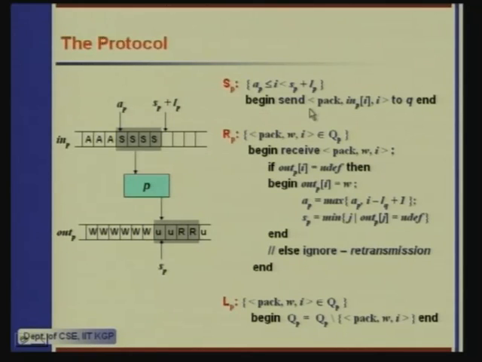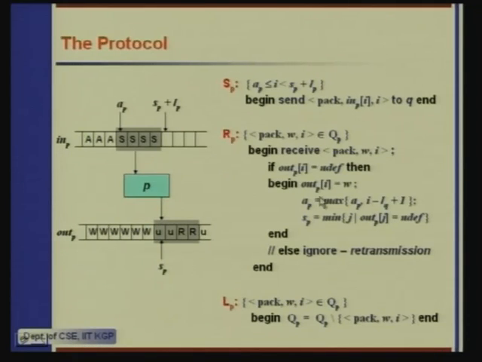Well, sending does not affect outP[i] at all, it does not affect SP also. So, the invariant is not going to be affected by sending. Similarly, it is not going to be affected by LP, because it does not change outP, it does not change SP. Now, RP changes both outP and SP.